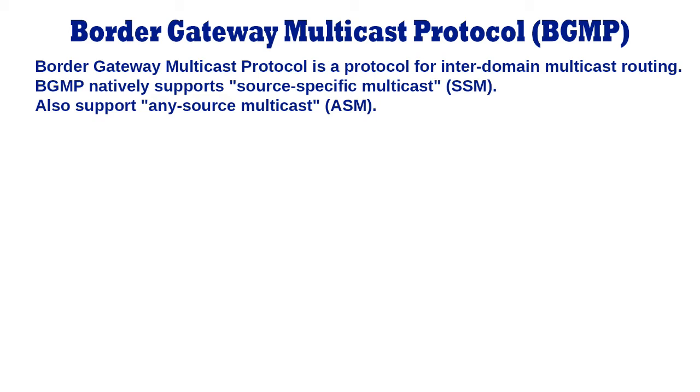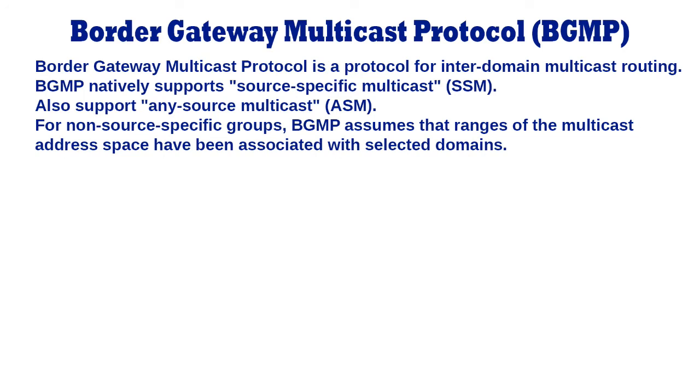Building upon concepts from PIM-SM and CBT, BGMP requires that each global multicast group be associated with a single root. However, in BGMP, the root is an entire exchange or domain rather than a single router.